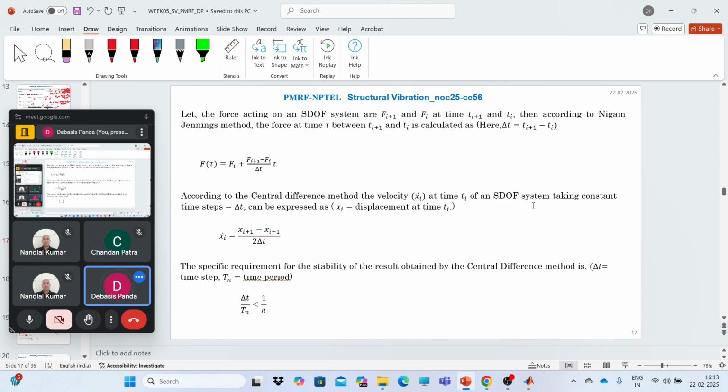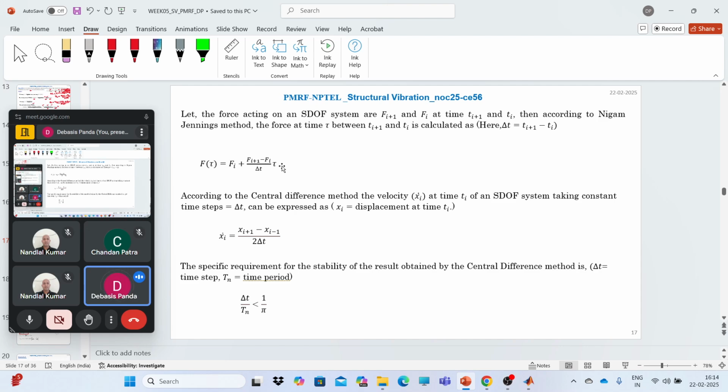Okay, so a few MCQ type questions may come from Newmark's, Nigam Jennings and the central difference method. So here, let the forces acting on an SDF system be F(i+1) and Fi at times T(i+1) and Ti. According to Nigam Jennings, the force at tau in between these two points, where del t is defined as T(i+1) minus Ti, is obtained by linear interpolation, and in Nigam Jennings we have already discussed that the main assumption is that the force varies linearly.